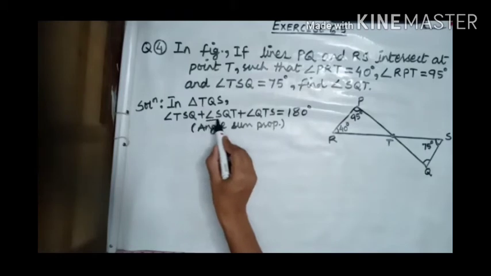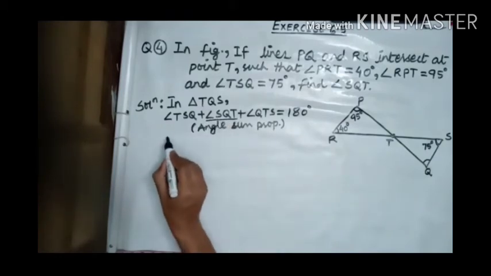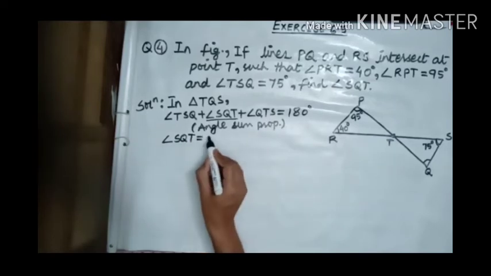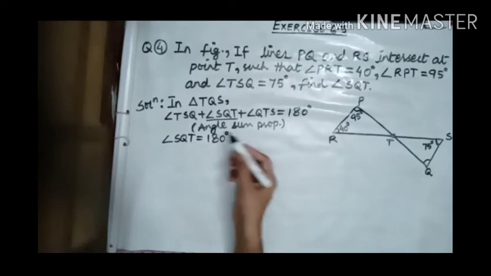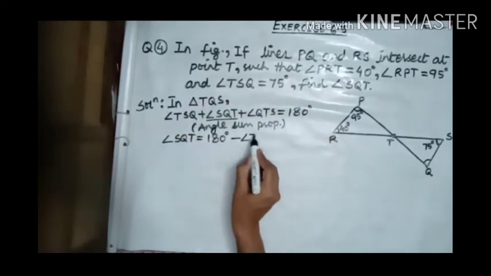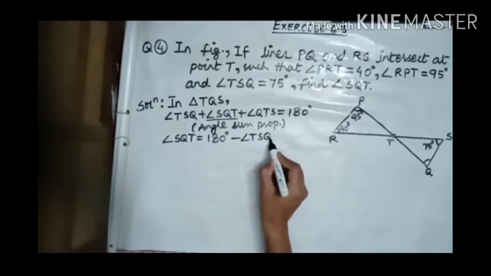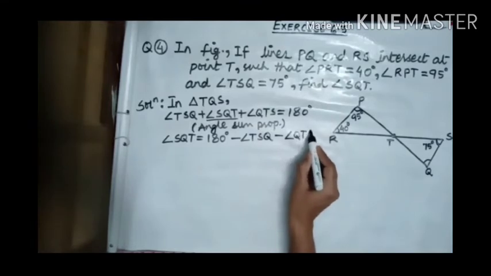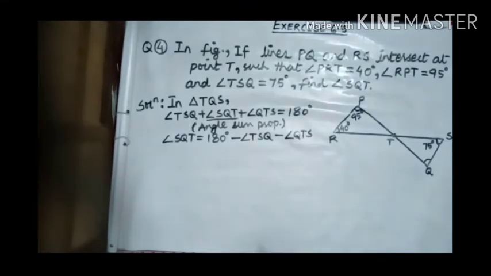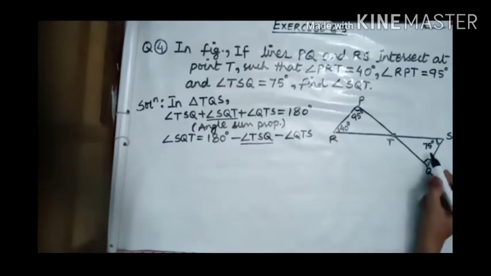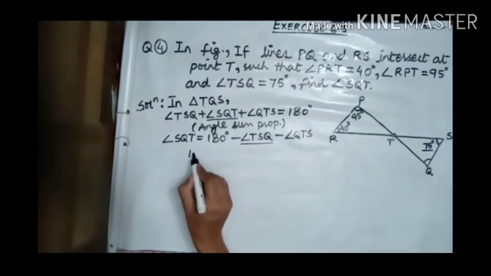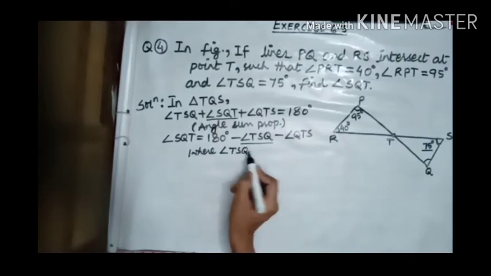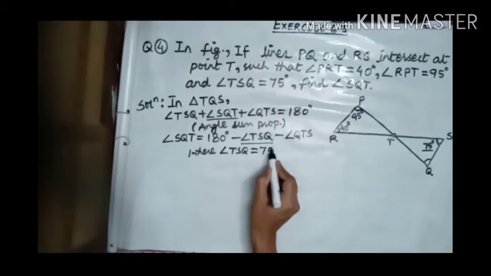Let's separate this angle SQT. Therefore, angle SQT becomes 180 minus angle TSQ and minus angle QTS, where angle TSQ we are given is 75 degrees.